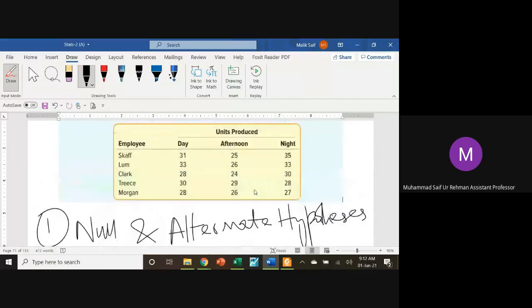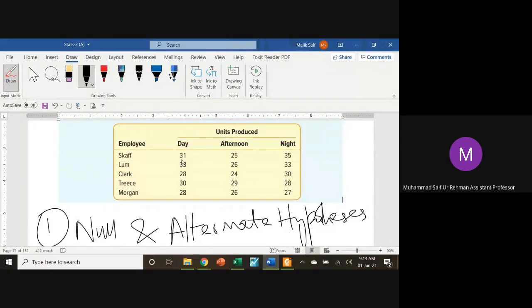Definitely day shifts are several, afternoon shifts are several, night shifts are several, but we have taken a sample.